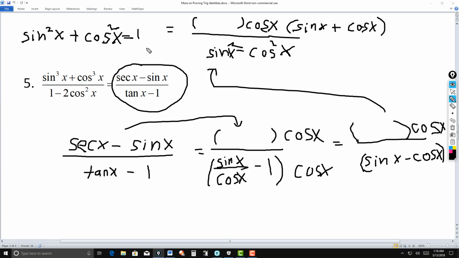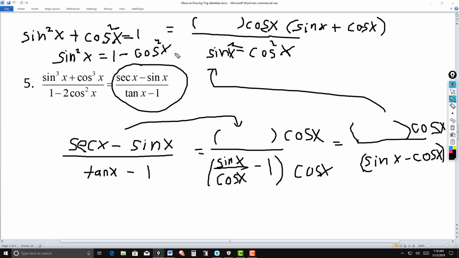Which would tell me then that I can replace sine squared x, solving this for sine squared x, by 1 minus cosine squared x.